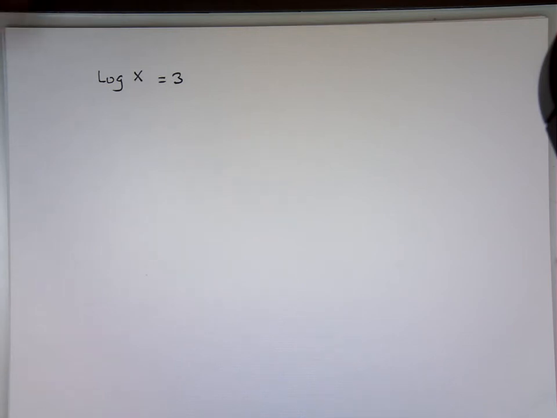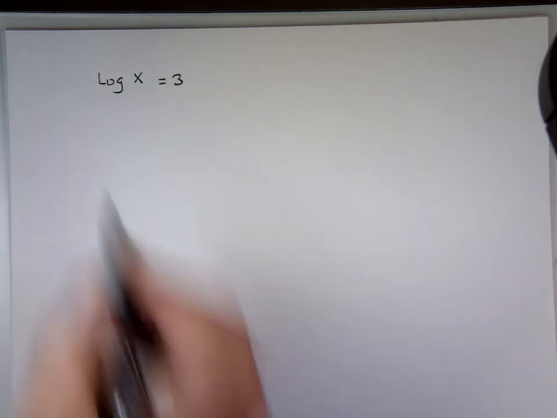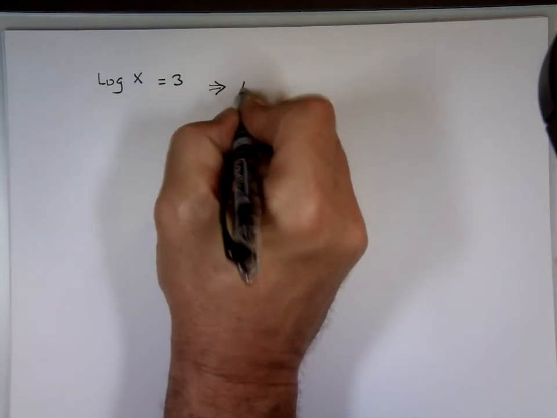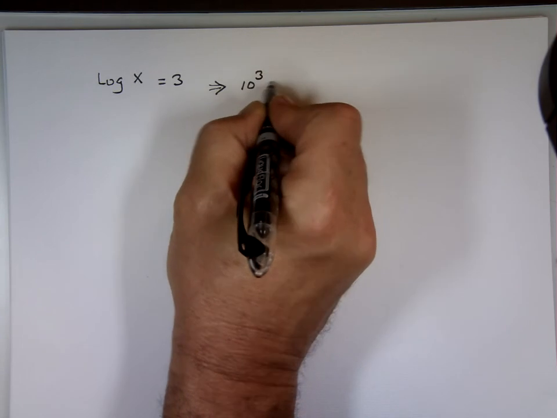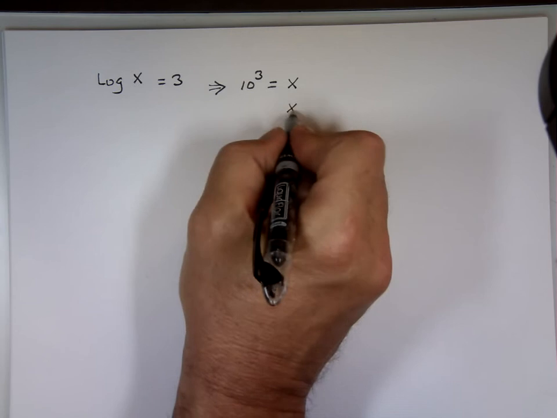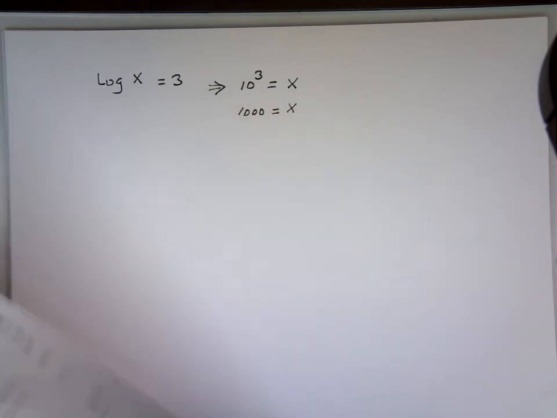I can use rule number 3 and change it to exponential. What's my base here? 10 to the power 3 should equal x, right? Which means x will have to be 1,000.